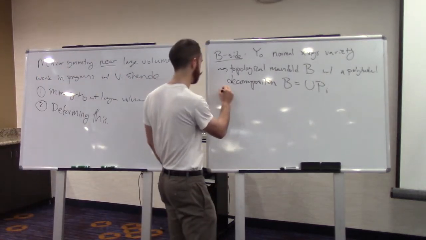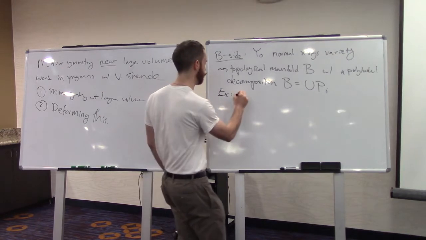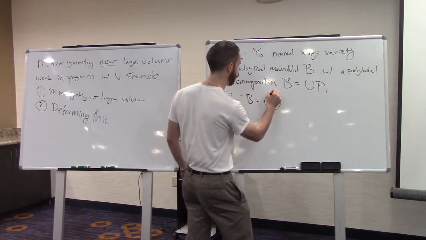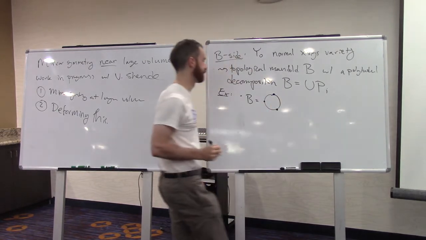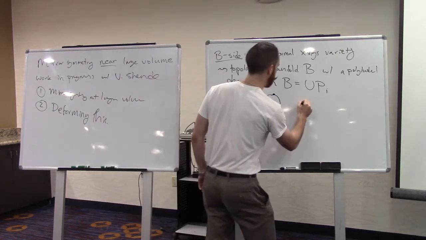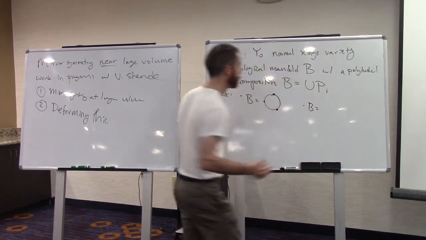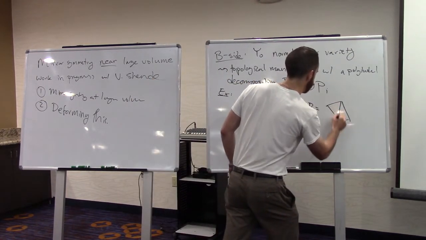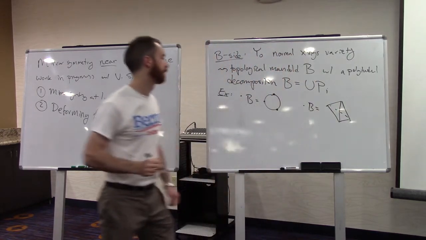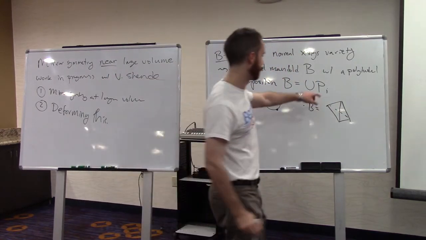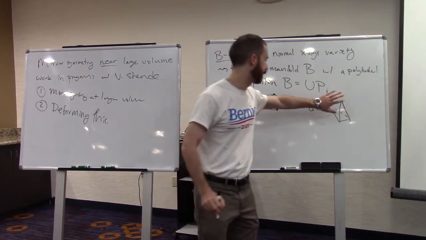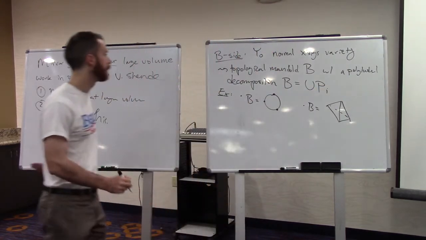An example is B could be the circle, and I write it as the union of three intervals, or n intervals. Or I could take B to be a tetrahedron with, for instance, the natural decomposition into four triangles. Or I could take a finer polyhedral decomposition.